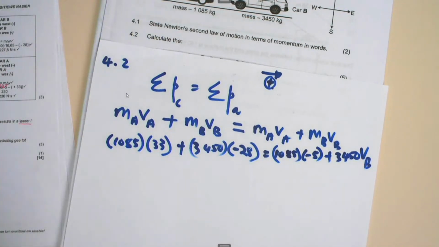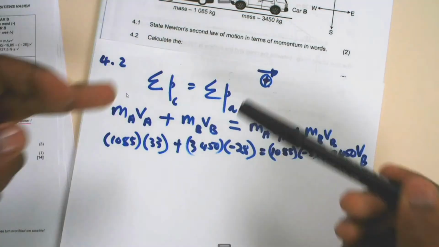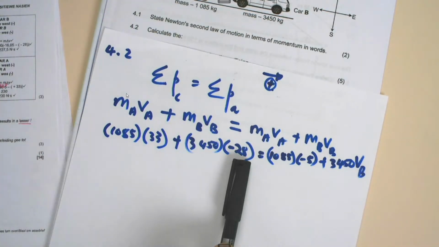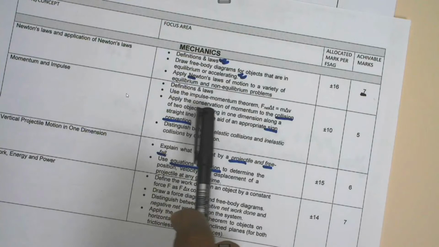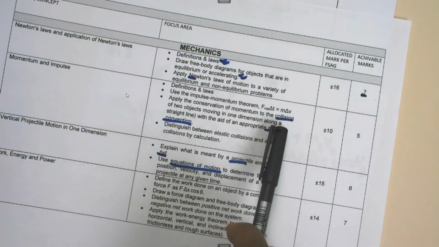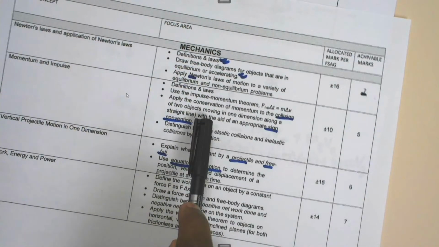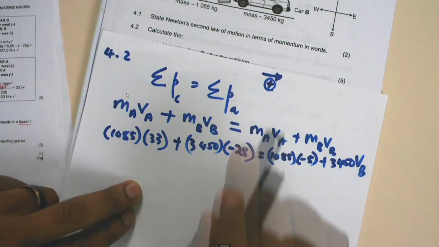So already you can easily tell that the majority of things have been done. I chose my formula, I did my substitution with the correct sign convention, because that is what the achievable is saying: apply conservation of momentum to collisions between two objects in one dimension along a straight line with the aid of appropriate sign convention. So I did my sign convention, hence I said it's a plus.